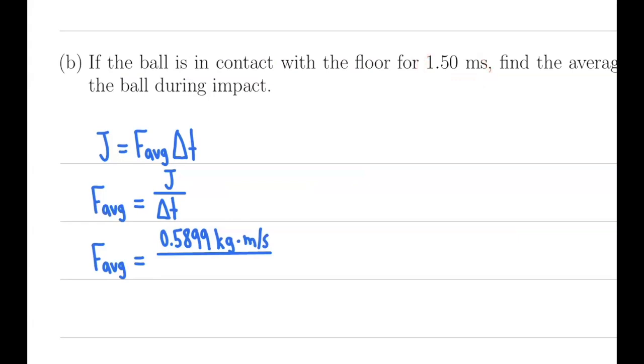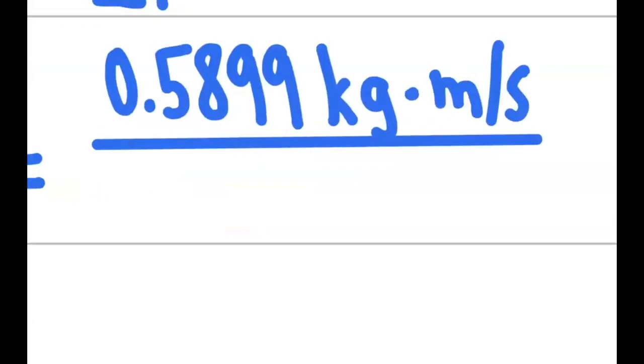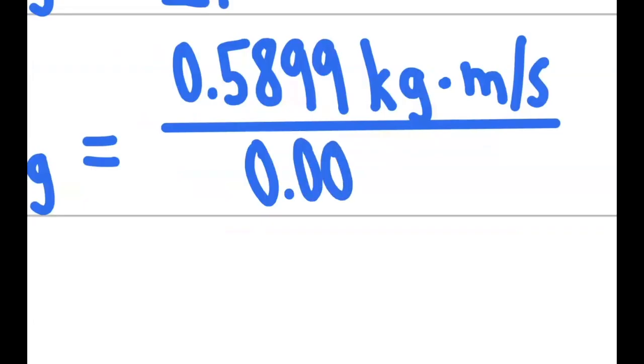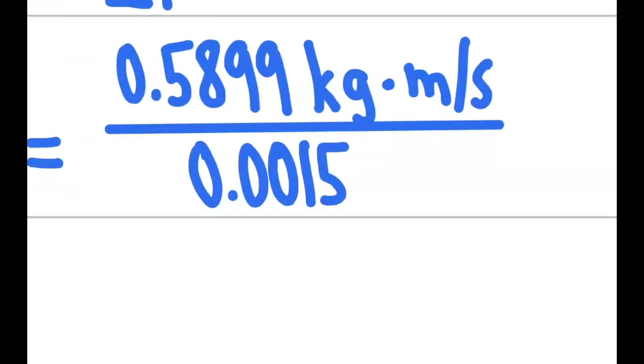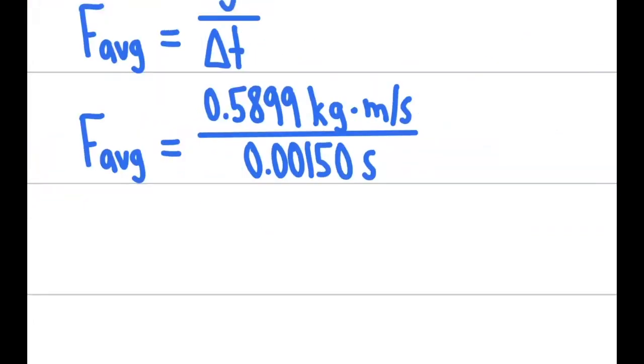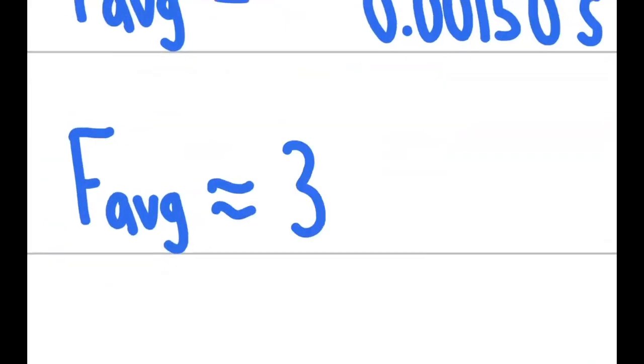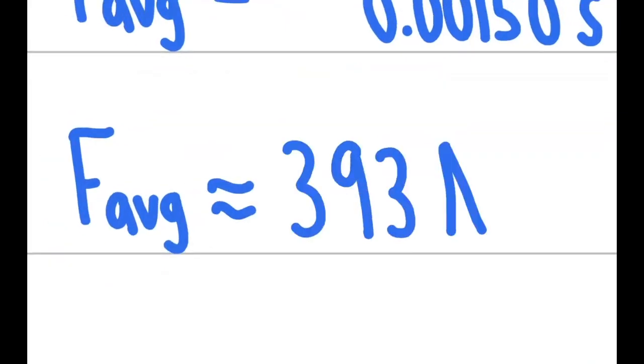I just have to move the decimal point back 3. So you get 0.00150 seconds. And just looking at the units, this is going to be kilograms meters per second squared, which is newtons. So if you put this in your calculator, you get that F average is about 393 newtons.